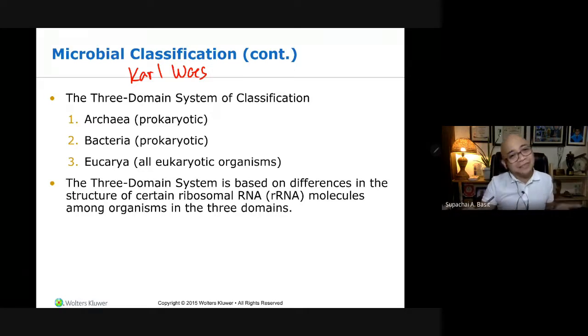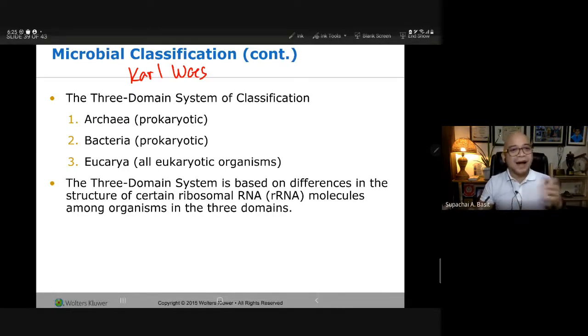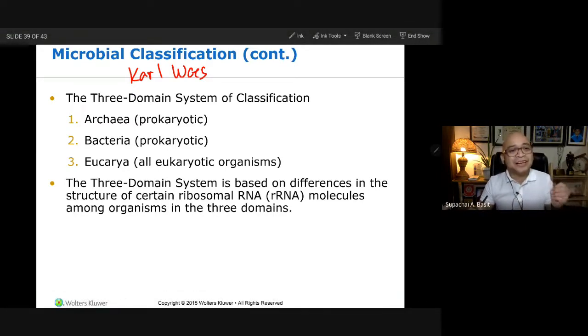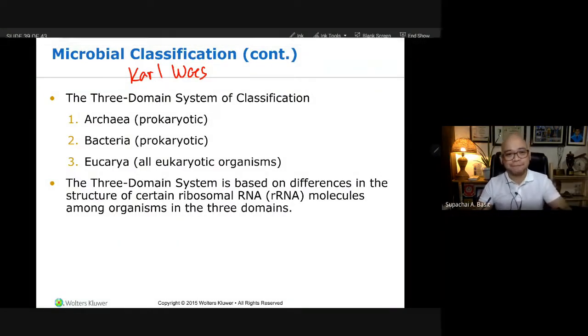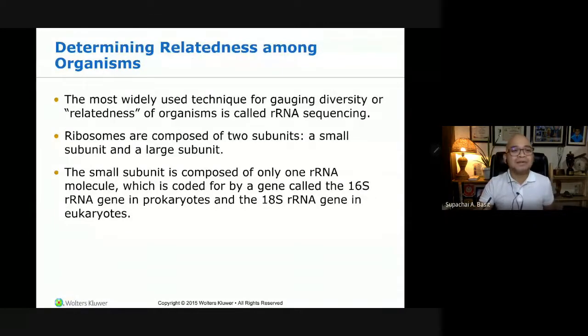So what's the basis of this domain system? The basis is the differences in the structure of certain ribosomal RNA molecules among organisms in the three domains. So they have to do genotypic characterization by means of PCR. The most widely used technique for gauging diversity or relatedness of organisms is called rRNA sequencing. Ribosomes are composed of two subunits, diba?